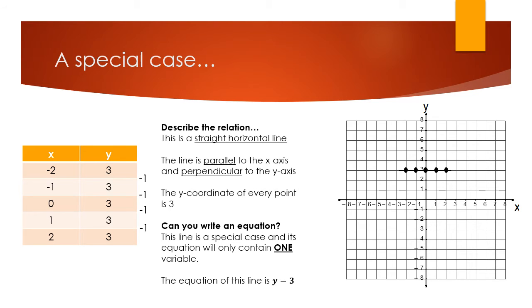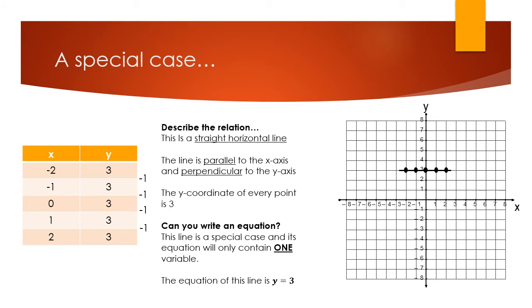It'll be perpendicular to the y-axis. It will cross the y-axis at a 90-degree angle. And your equation will be y equals whatever that y-coordinate is. So if y is 100 every time, your equation is going to be y equals 100. If your y values are -50 all the time, your equation is going to be y equals -50.